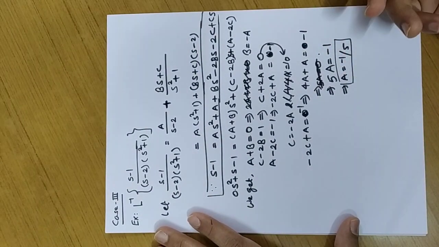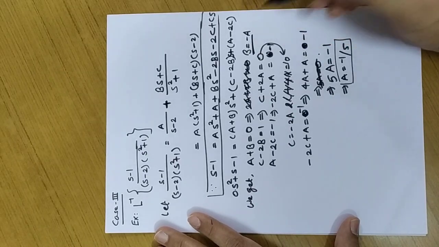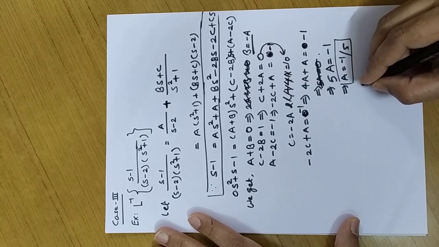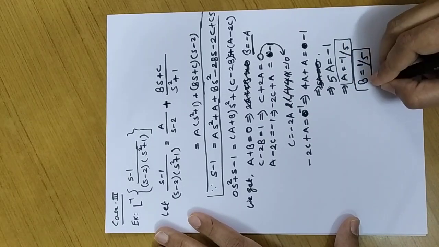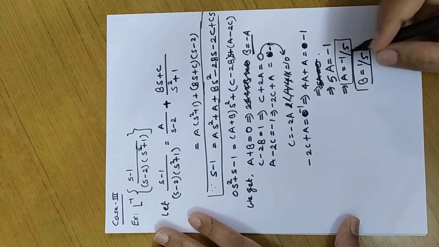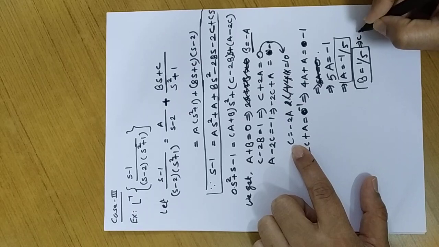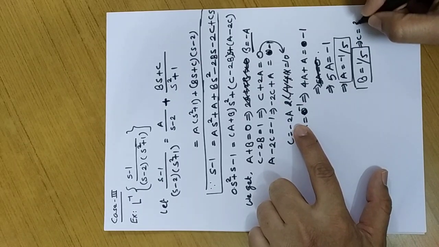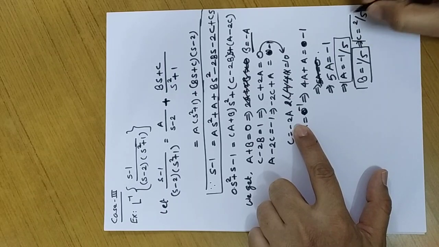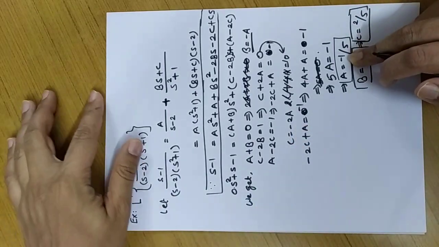Now how to get B? We have a relation between A and B by this equation. B is equal to minus A, so you can write 1 by 5. Now what about C? We still have a relation between A and C: C is equal to minus 2A. So it is 2 by 5, because A is minus 1 by 5.